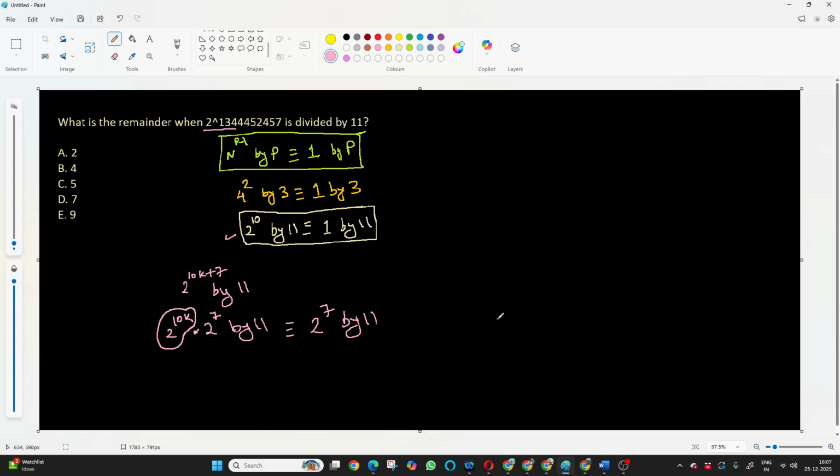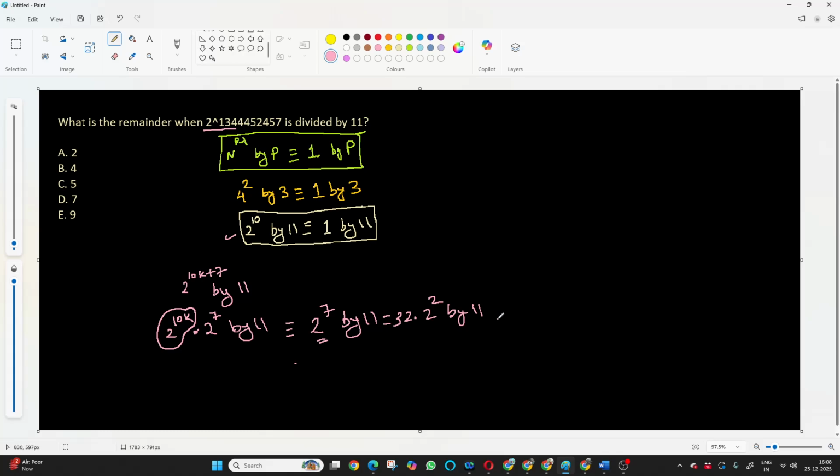Now 2 to the power 7, if you can bifurcate this to make it easy, 2 to the power 5 is 32, and then you have 2 to the power 2 left, divided by 11. Now 32 is just one far from the multiple of 11, which is 33. So 32 is at a distance of minus 1 from 33.